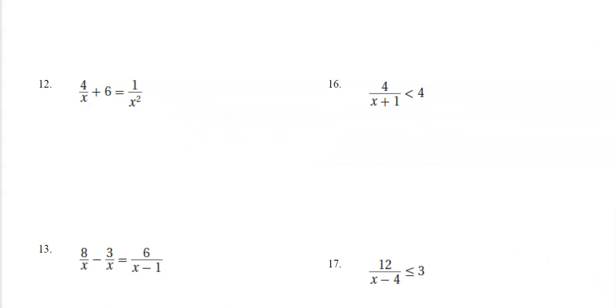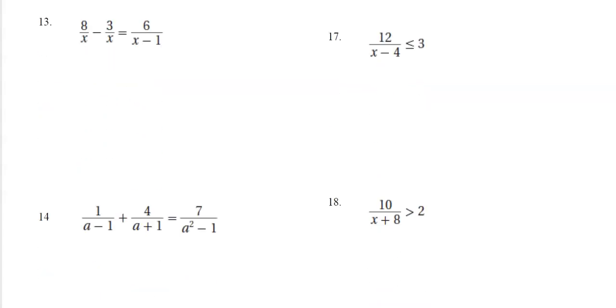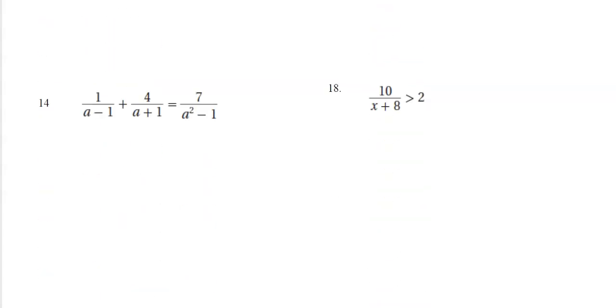All right, so that was a little tougher. What else do we have? Number 14. So we got a bunch going on here for number 14. It looks like a squared minus 1 is the difference of squares. This thing right here is really a plus 1, a minus 1.